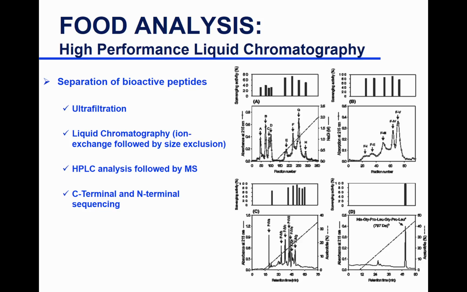So you know that your peptide is going to be small. You're looking for, let's say, 2 to 20 amino acids. That would be your regular size peptide. So what you want to do with ultrafiltration is get rid of everything larger than 20 amino acids. An amino acid average molecular weight is 135. 20 times 135, do the math.